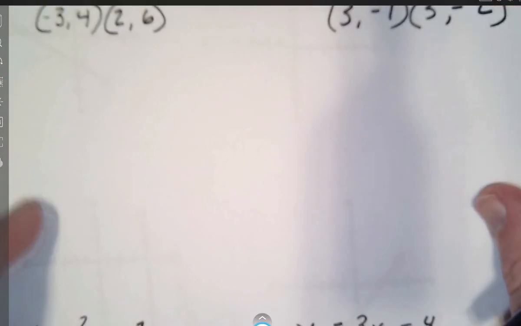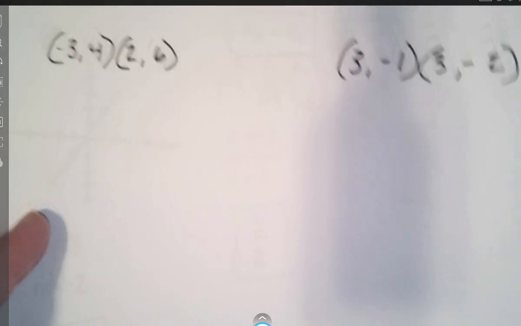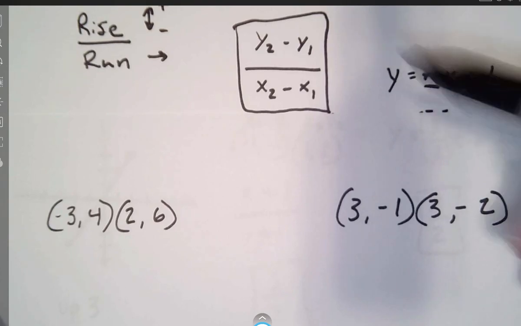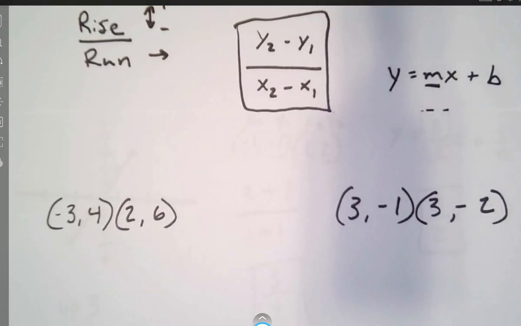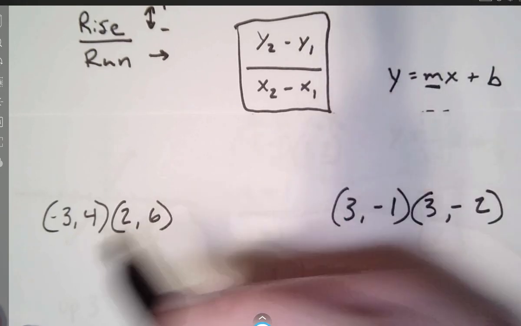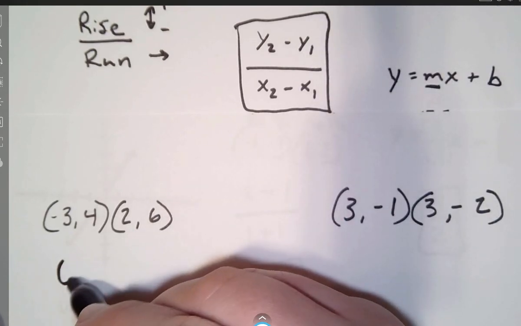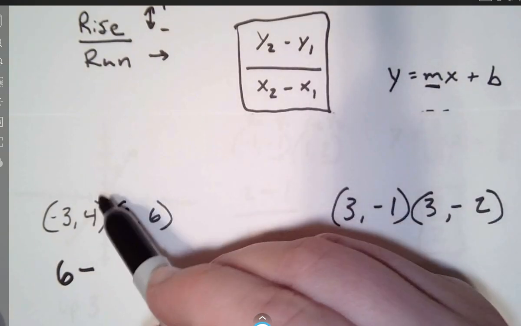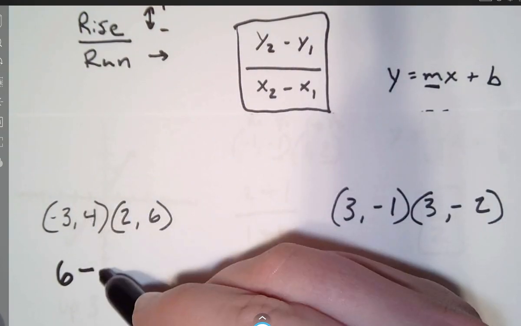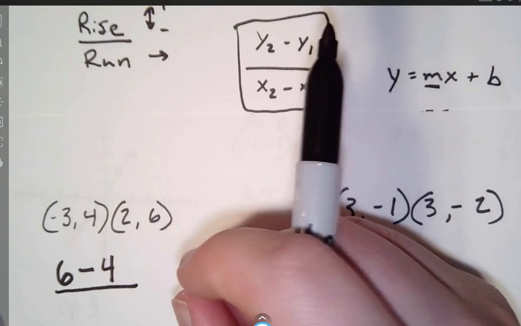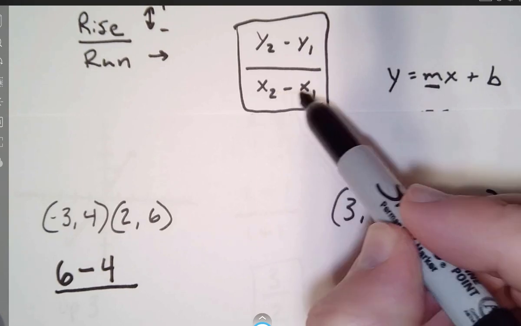All right, we're going to look at some just points now, using our equation from before. So using this equation in the middle, first we have our second y, which is 6, minus our first y, which is right here, 4, over our second x minus our first x.